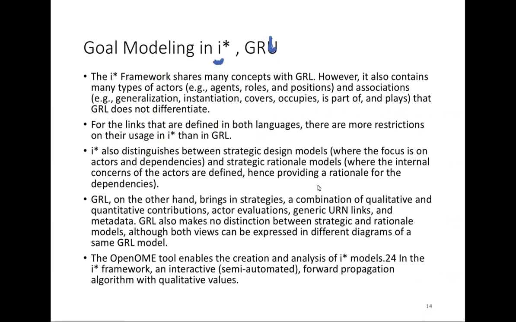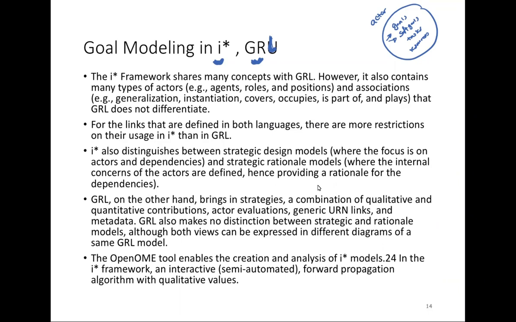Although both use the same concepts of an actor, then goals or soft goals, tasks, and resources, and the connections or relationships between goals and sub goals, or tasks that are used to make sub goals, at the end the representation is similar in I-star and GRL.